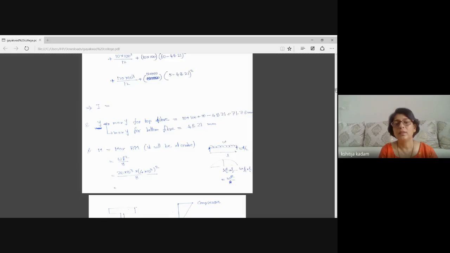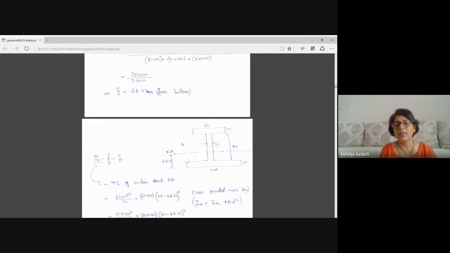Then one thing we have understood, that the given I section which is given in the question has bottom flange very heavy as compared to top flange. So obviously the neutral axis will lie in the lower region. It will not be at the half height of the I section. So you understand that neutral axis is in lower section.